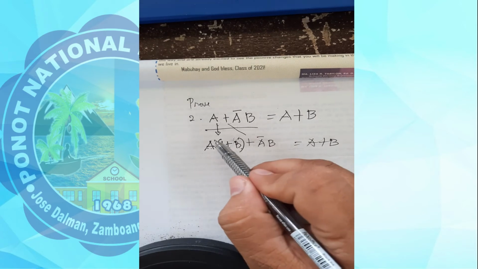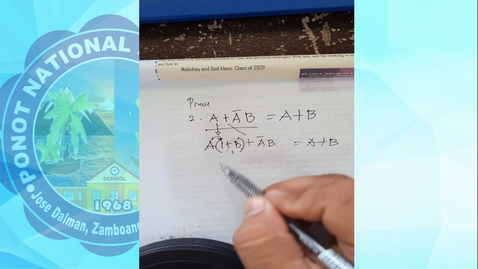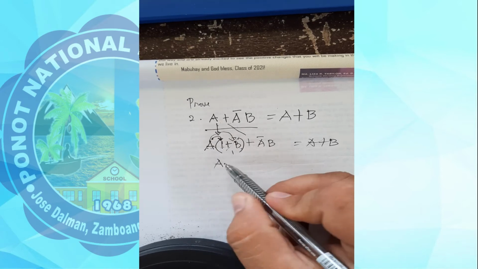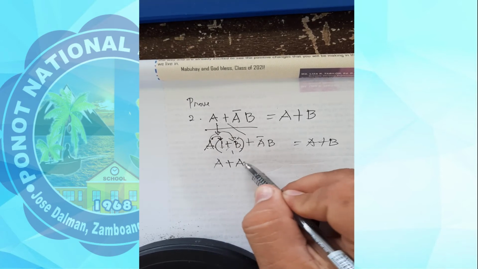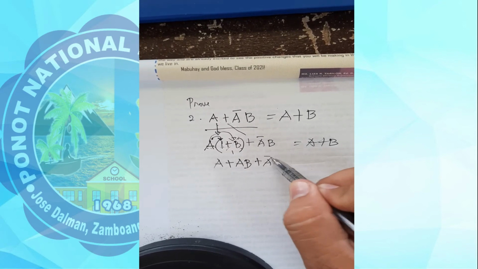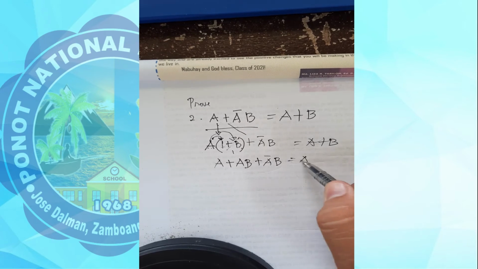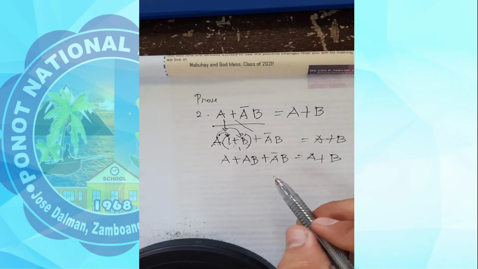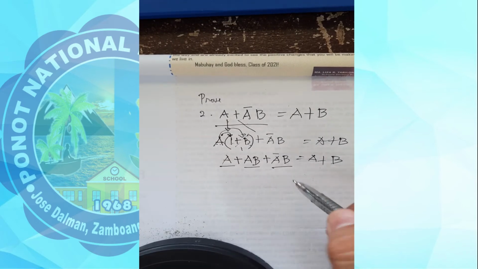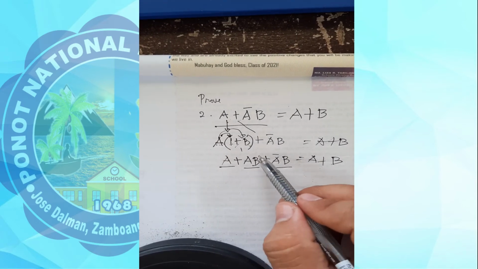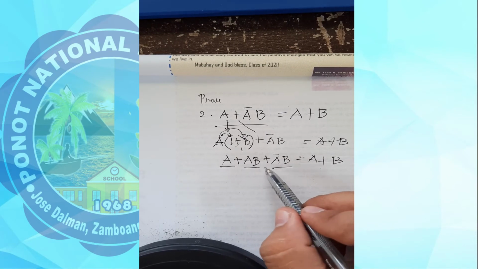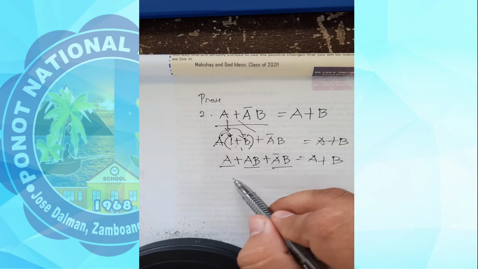We can multiply this here. A times 1 is A. A times B is AB. Plus A bar B equals A plus B. In this case, we now have a first, second, and third term. Let us choose two terms with a common factor that we can eliminate.